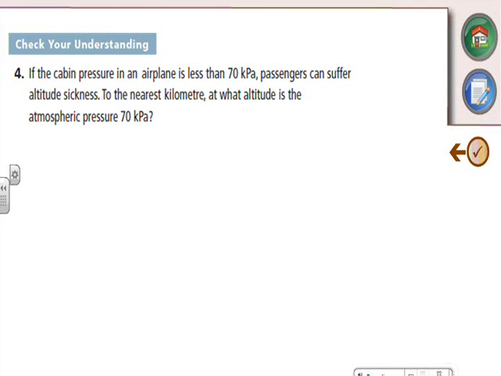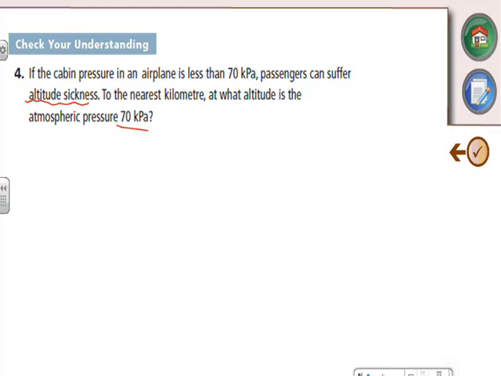And last question, let's use that newfound knowledge and let's plop it in here and do one of these questions here. Cabin pressure in an airplane, if it's less than 70 kilopascals, they're going to get altitude sickness. So it's the nearest kilometer. At what altitude do you get 70 kilopascals?